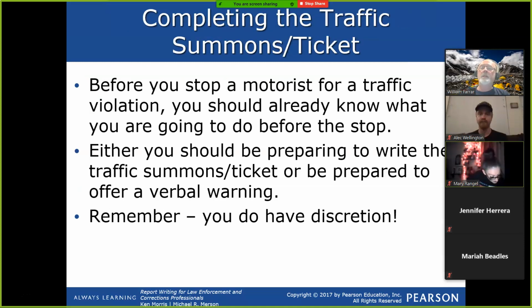So let's talk a little bit about completing the ticket. Before you stop someone for a traffic violation, you should already know what you're going to do before the stop. Meaning, I know what the violation is. You can always look, if you don't remember the code exactly, a lot of officers carry a cheat sheet, so you can look it up if you need to.